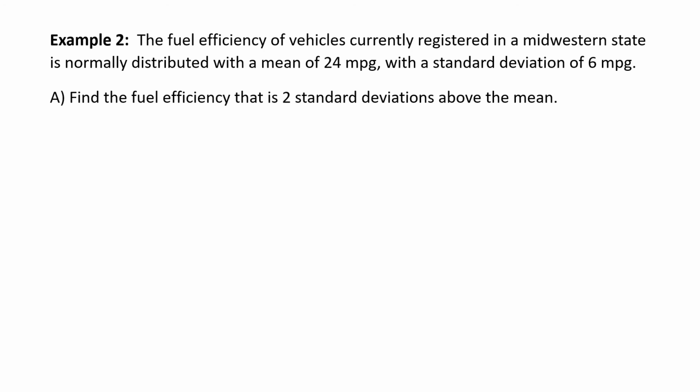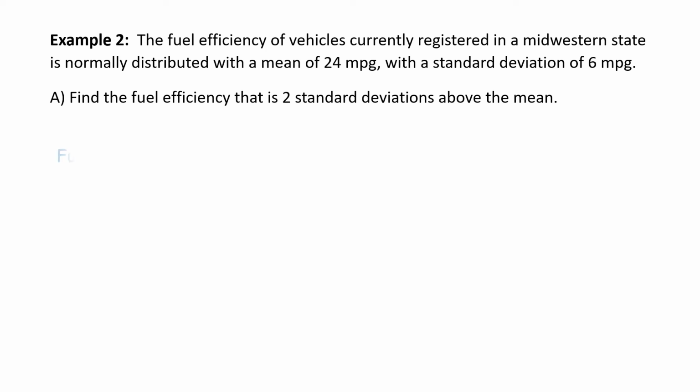Example: the fuel efficiency of vehicles currently registered in a Midwestern state is normally distributed with a mean of 24 miles per gallon with a standard deviation of 6 miles per gallon. Part A. Find the fuel efficiency that is 2 standard deviations above the mean.